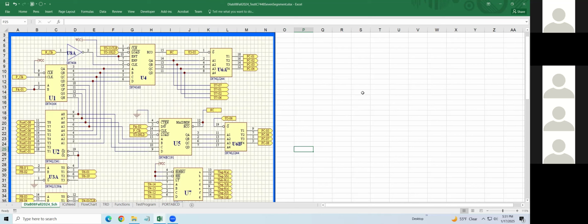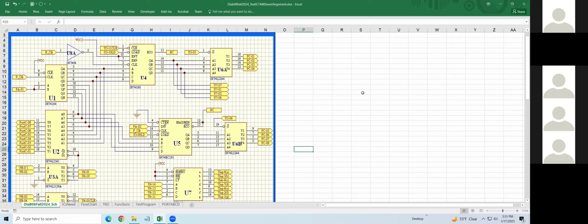Hey, Mr. Pham, I got a quick question. Yeah, go ahead. On U8A, pin 1 connects to negative clock. Is that a 1? Since it's an inverter, it comes out as 0? That means negative clock, high to low, right?